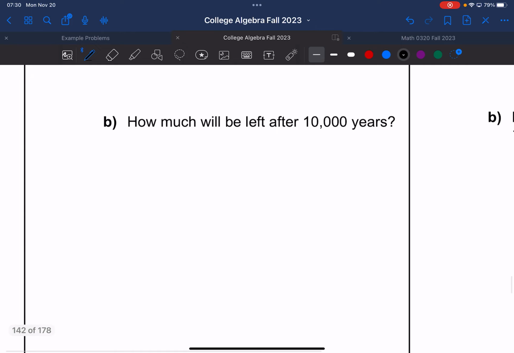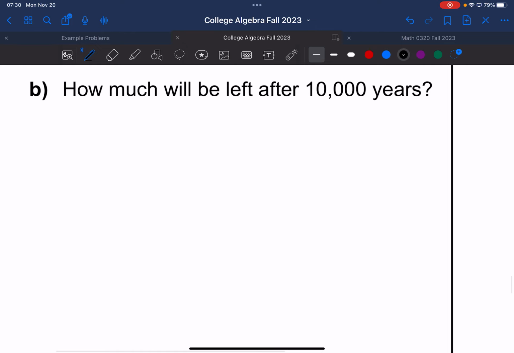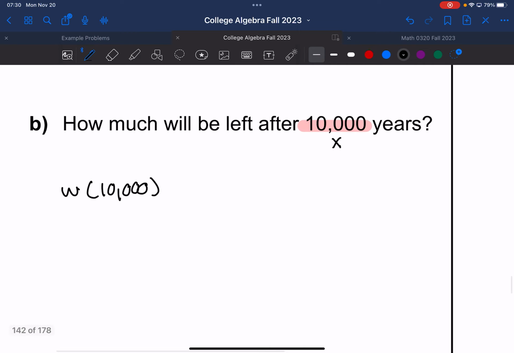Now, looking at part B, it says how much will be left after 10,000 years. So where are we plugging that 10,000? Into X. So same thing. So we have W of 10,000 is equal to 2 to the power of negative 10,000 over that 24,360.